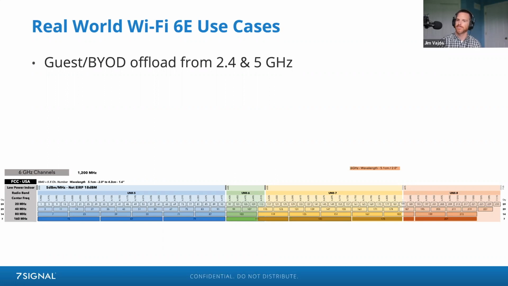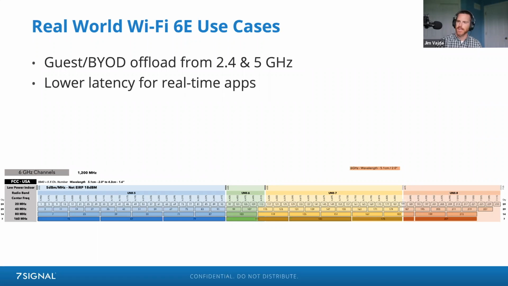So we could use the 6 gigahertz band for guest and BYOD offload from 2.4 and 5 gigahertz, where most of our enterprise devices are, and that's going to have a carryover effect where performance in those legacy bands is improved by moving clients up to 6 gigahertz.